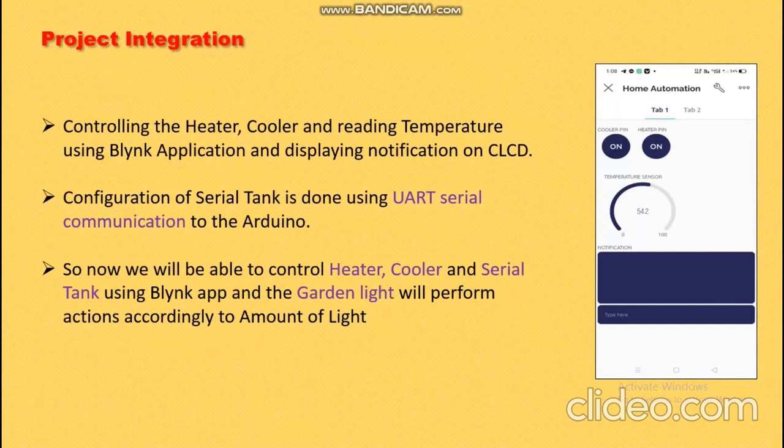Here I have used the I2C communication protocol to interface the CLCD with the Arduino UNO. I will be displaying all the values of temperature readings and the volume of water on the CLCD. Configuration of the serial tank is done using UART serial communication, which is Universal Asynchronous Receiver Transmitter, to the Arduino UNO.